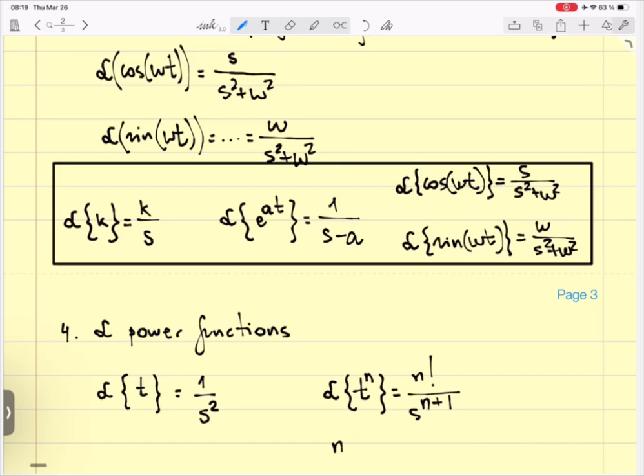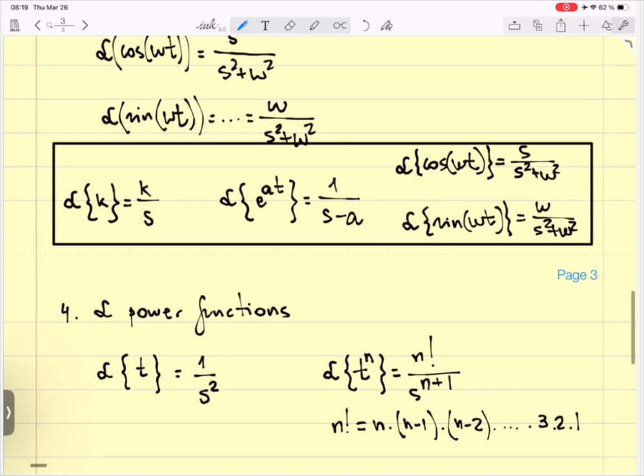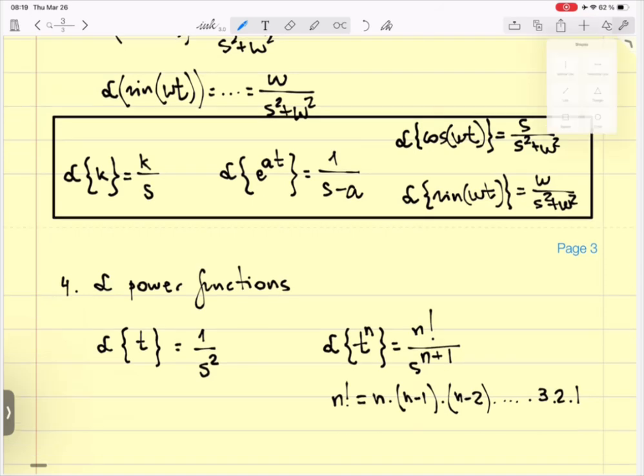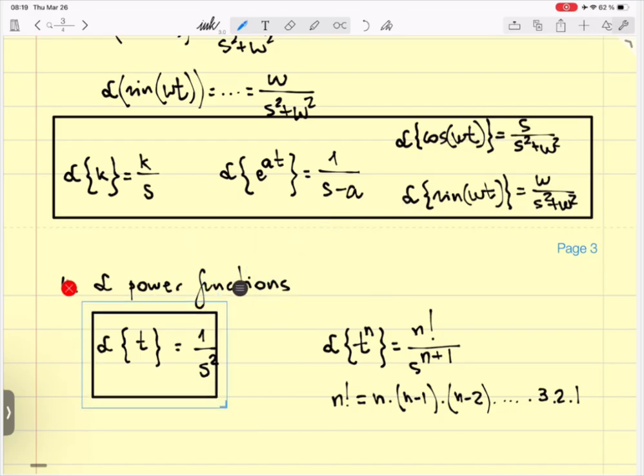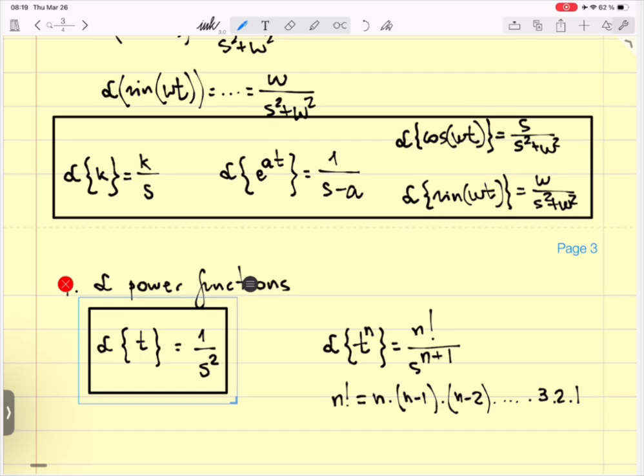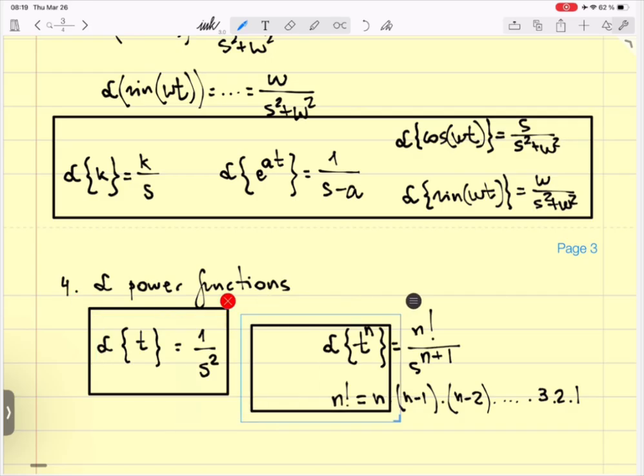N factorial means n times n minus 1 times n minus 2 and so on, down to 3 times 2 times 1. So these are also important results, and we will see an immediate application. Okay. So, any questions?